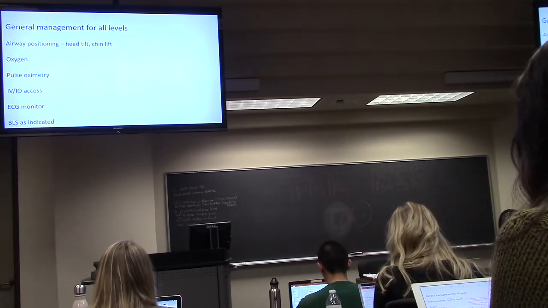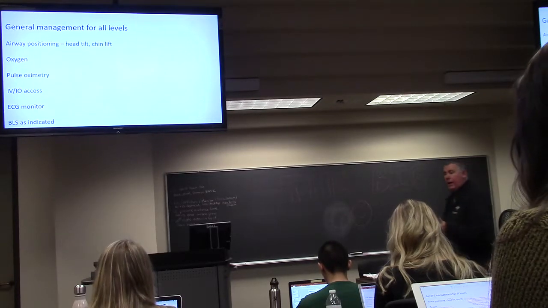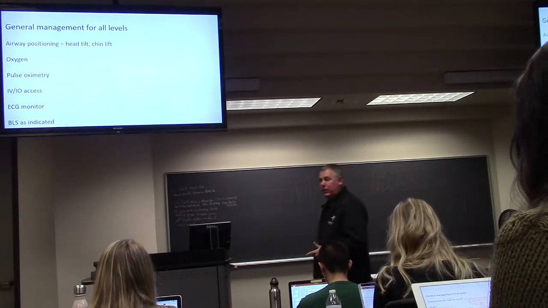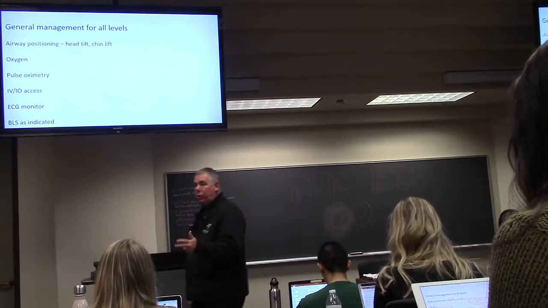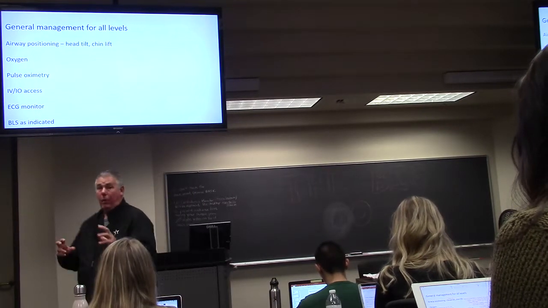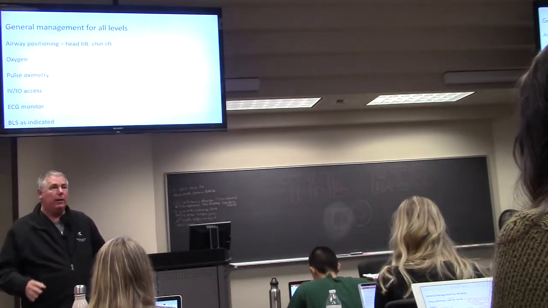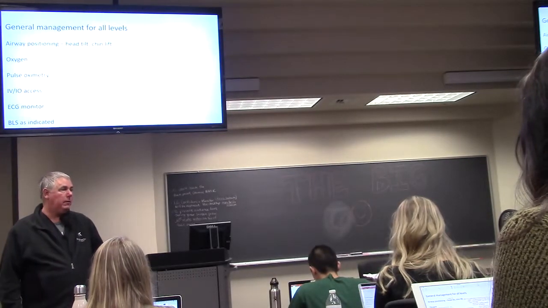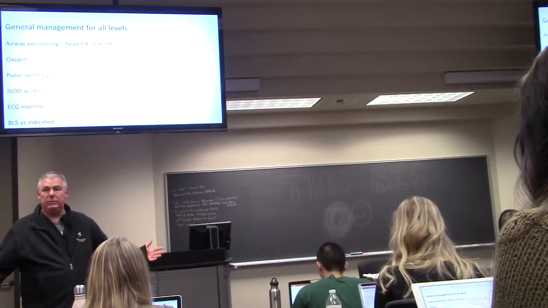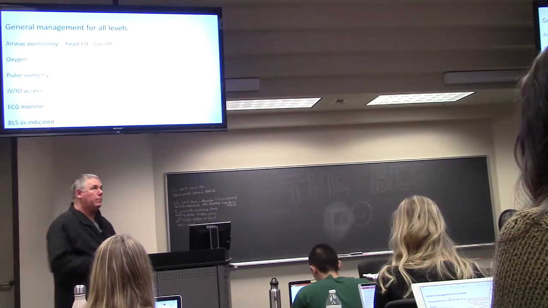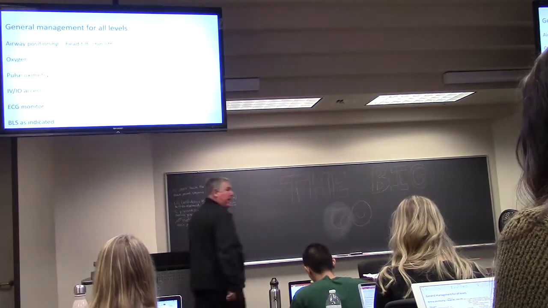If a kid is unconscious, even if they have a pulse, if it's less than 60, you need to augment that by doing chest compressions. In adults, it's 40. In kids, it's 60. Any questions about that?